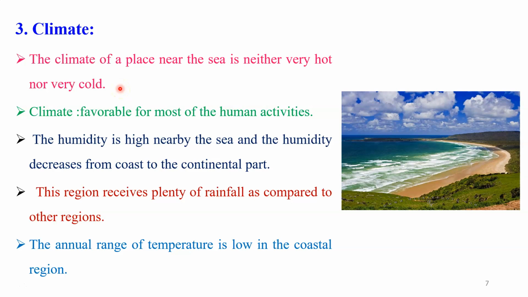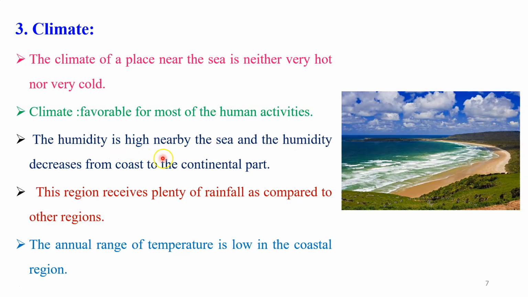So it means we have a medium type of climatic condition in this coastal region. The climate of this region is very favorable for most human activity. If you see the occupation distribution of the world, you will definitely observe that important human activities flourish along the coastal region.